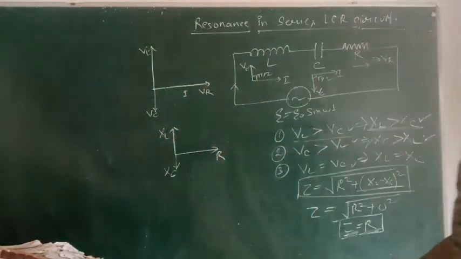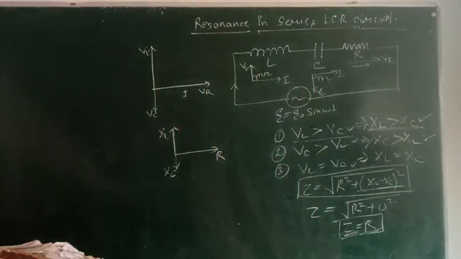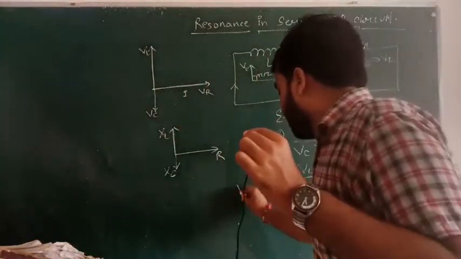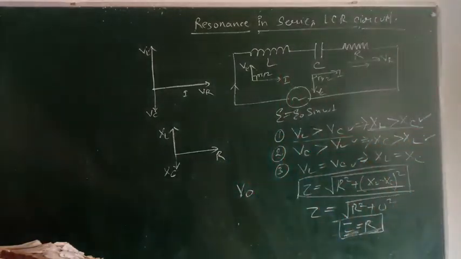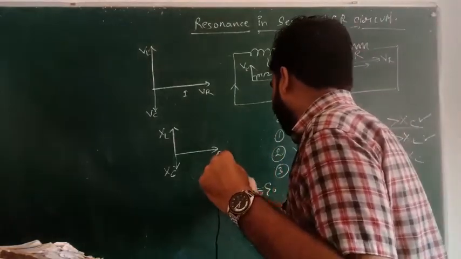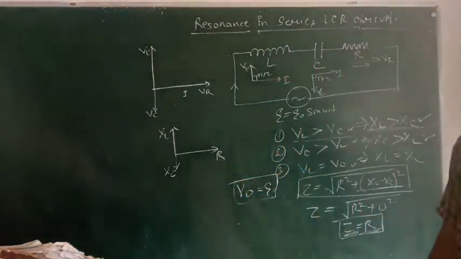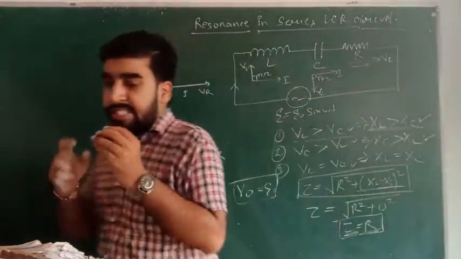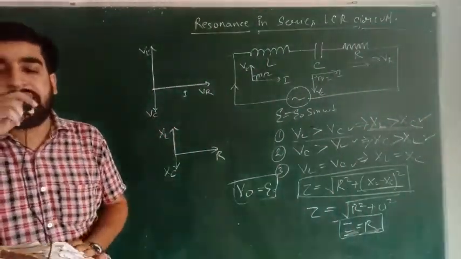We can also say that the voltage V0 across the resistor is equal to the applied voltage E0. Voltage across resistance is the overall voltage applied.